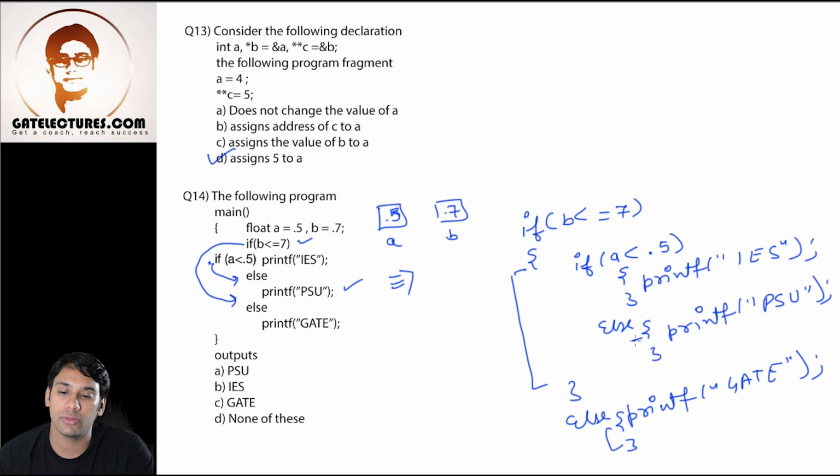So this condition is true, this condition is true, this condition is false, therefore it is going to execute this statement. So the output which this program is going to print is option A.